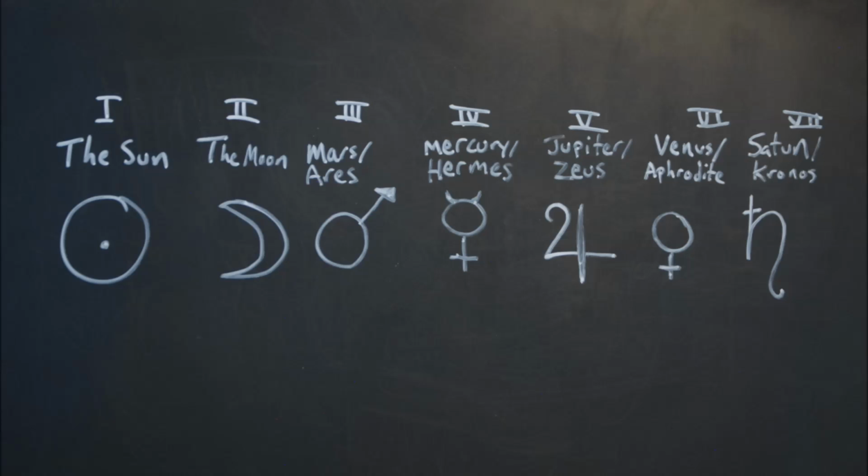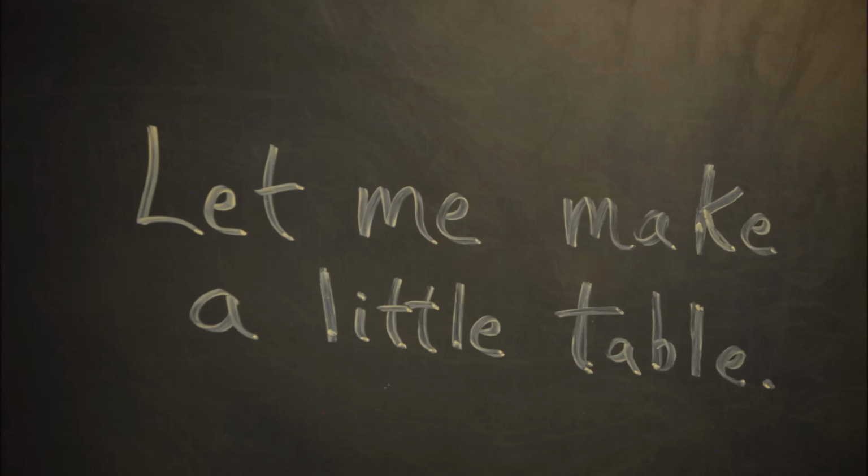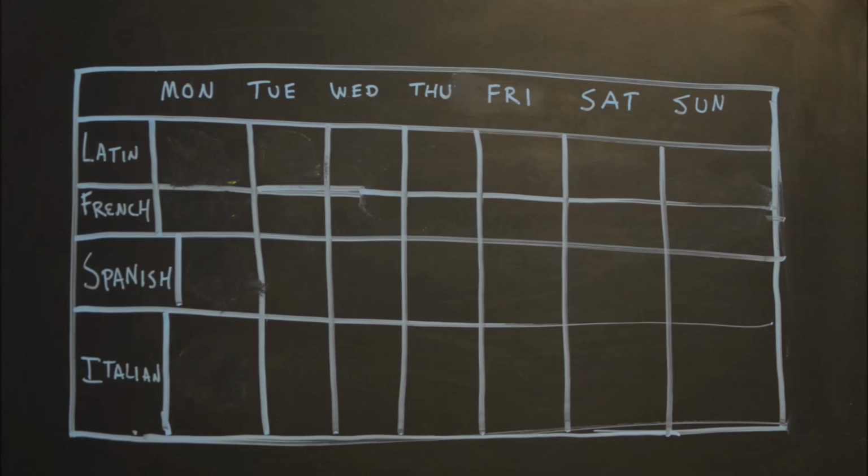This all sounds pretty irrelevant right now, so let me make a little table. Let's compare the names of the week in Latin with the names of the week in French, Spanish, and Italian.